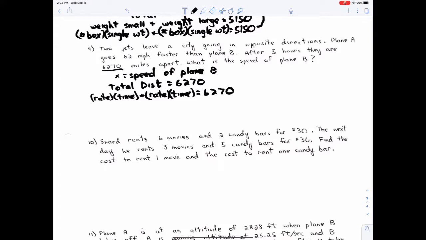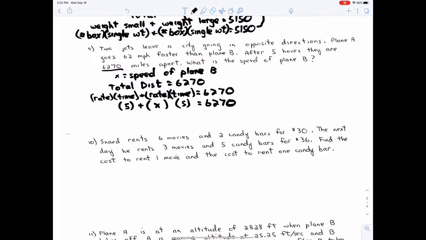Okay, well, each one has a time of 5. That's pretty simple. Okay, the speed of plane B is x. Okay, so that just leaves us to find A.